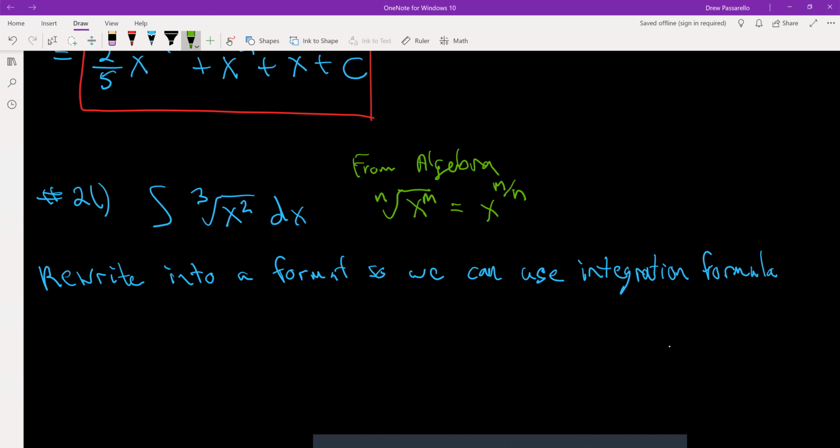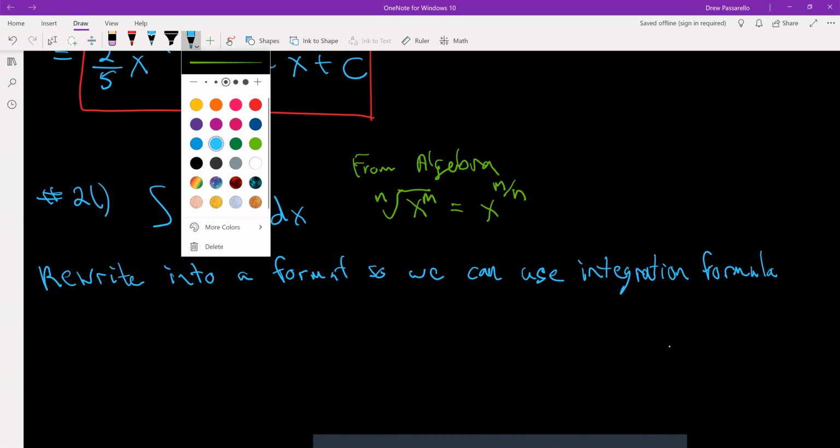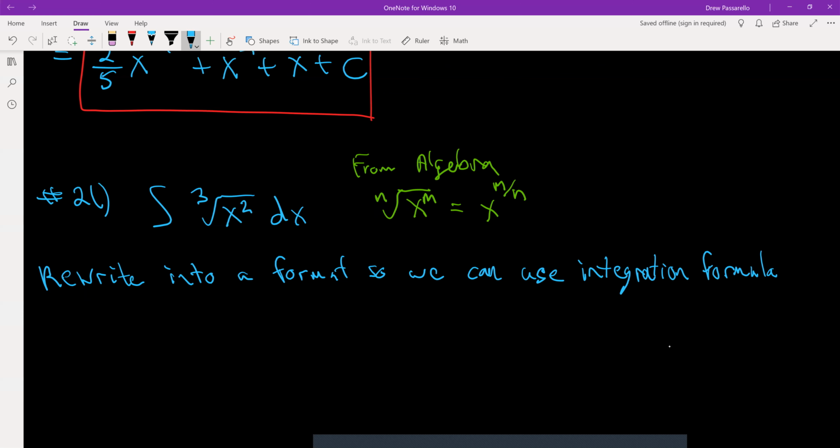So it can be a rational exponent where the index, in this case 3, goes on the bottom of the fraction for the rational exponent. So applying that, I can rewrite the cube root of x squared as x to the 2/3.